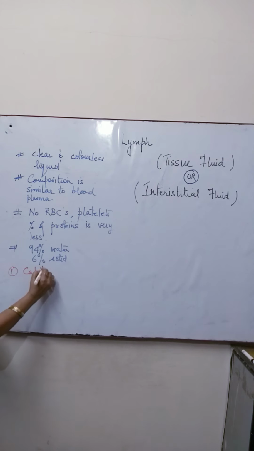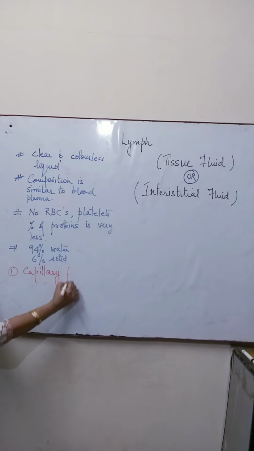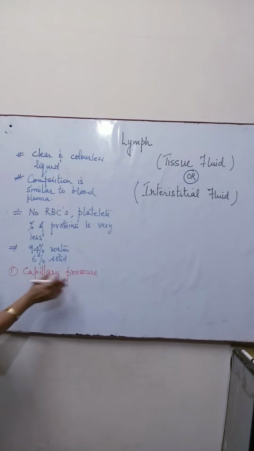The blood flowing within the capillary develops a pressure that is different from that of the tissue fluid, because the pressure in the capillary will obviously be high compared to the pressure within the tissues, so the plasma moves out.